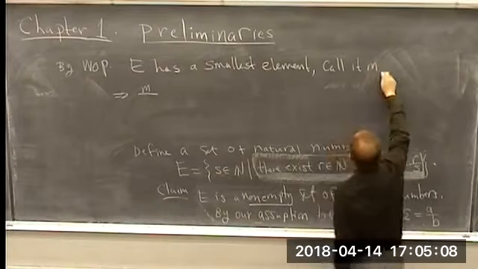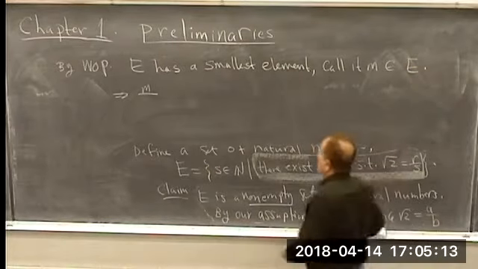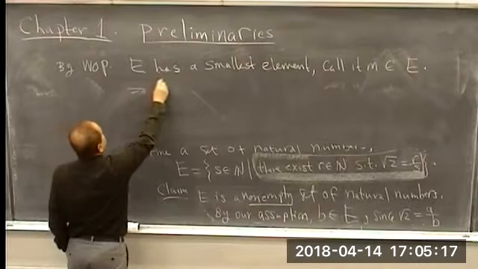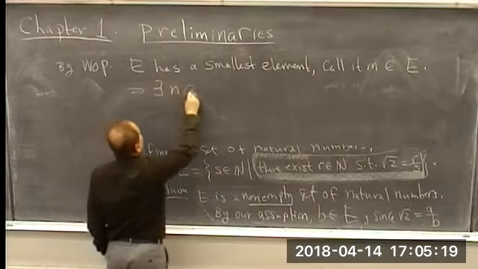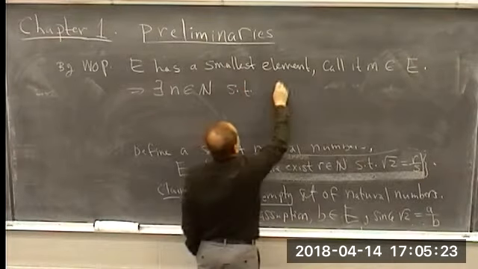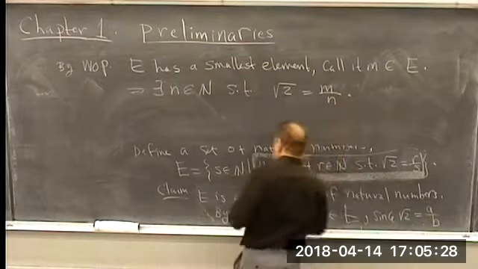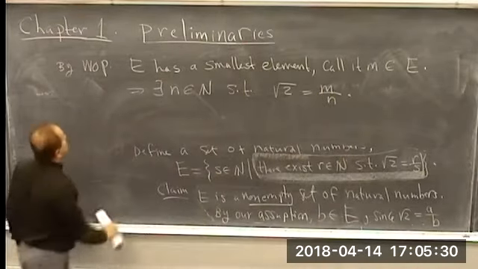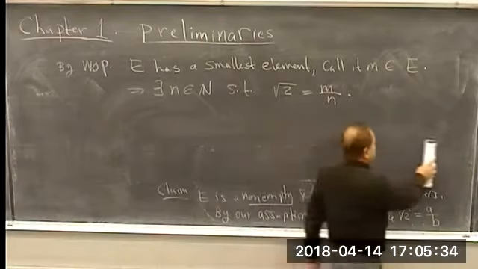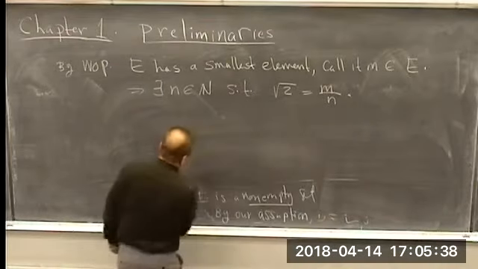Okay, so m is in E. This implies there exists an n in N such that the square root of 2 is equal to m over n. Yes, the elements of E are natural numbers. We take ratios, but they are the defining condition. Okay, so it's not the elements.